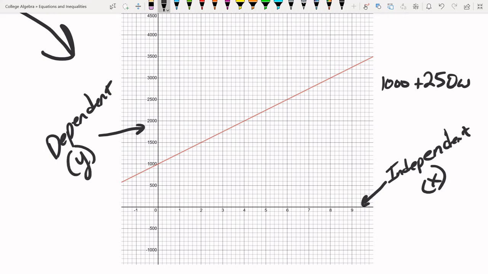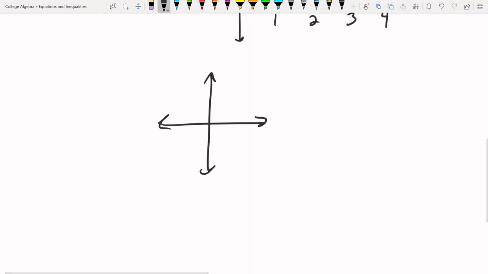And this depends upon the independent variable. Now, you typically use x for the independent, y for the dependent. That's just a convention for teaching this. It doesn't have to be the case. You can use, like we did here, w for weeks, and m for money.